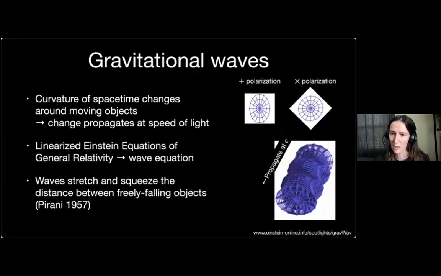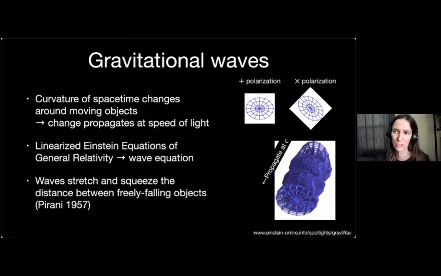So these nearby objects are feeling a relative acceleration that changes the distances, similar to, say, the change of the surface of the ocean from the tides of the distant moon.